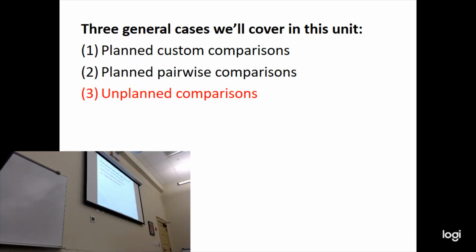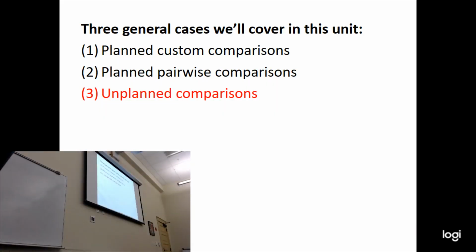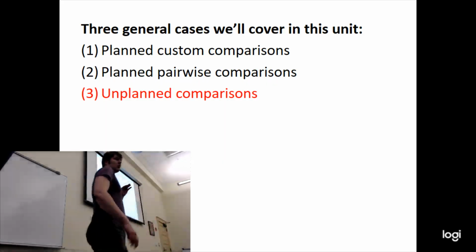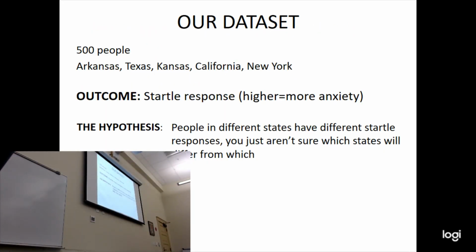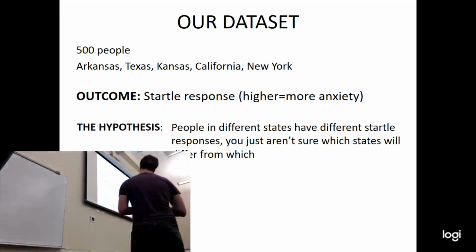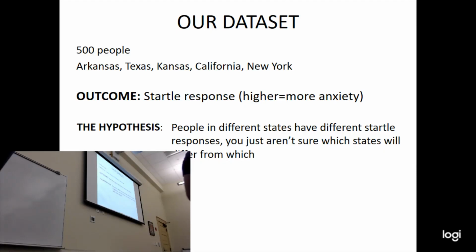Okay, so we're finally on this last case of the 3 cases, the totally unplanned comparisons or somewhat unplanned comparisons. The research scenario that motivates this case is, let's say that I'm still working with startle response, which is supposed to be a measure of anxiety again.